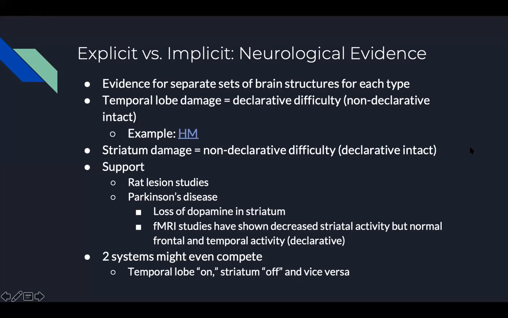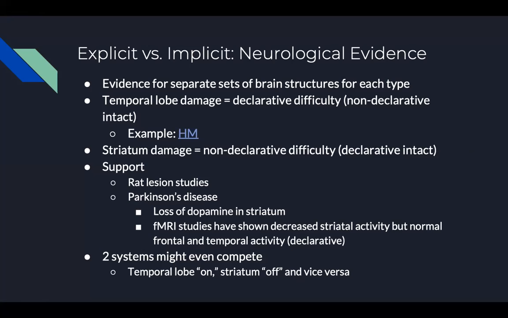Okay, so the pattern of damage that HM had sustained from the surgery gave us a sense that there are certain regions of the brain that are involved with declarative and non-declarative memory.